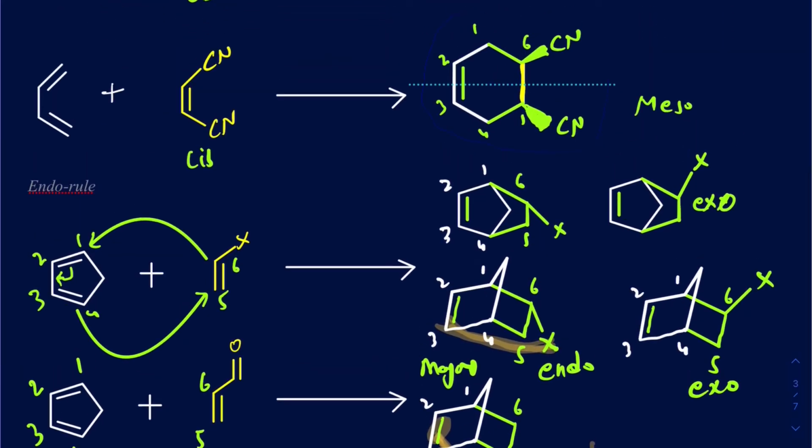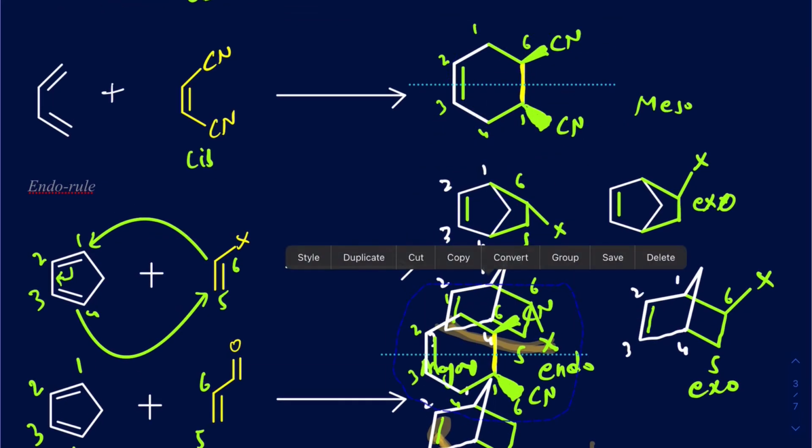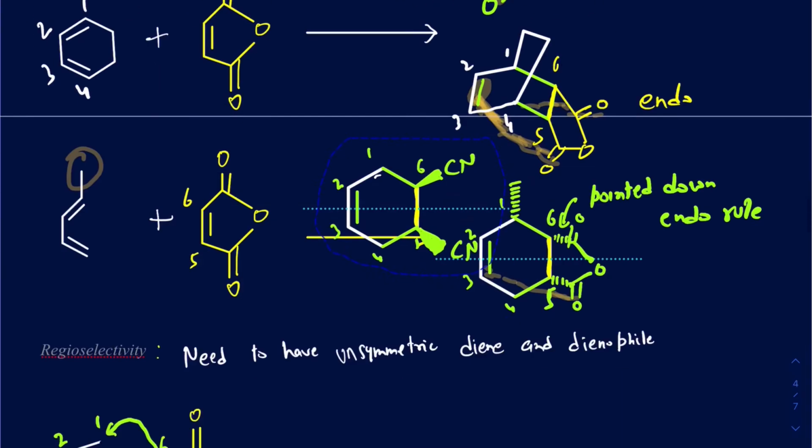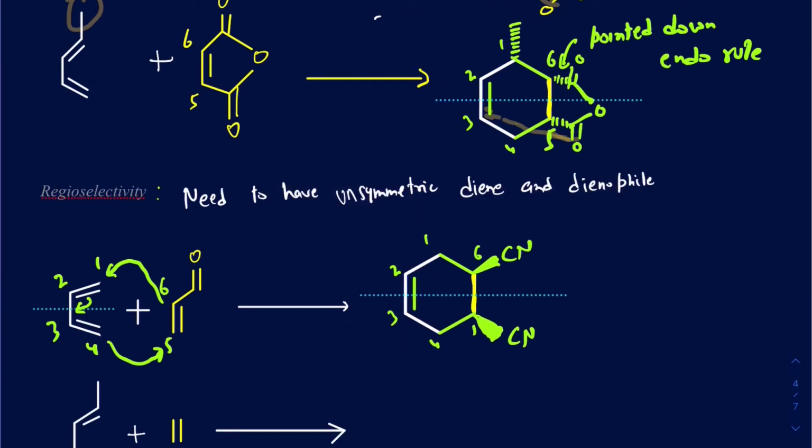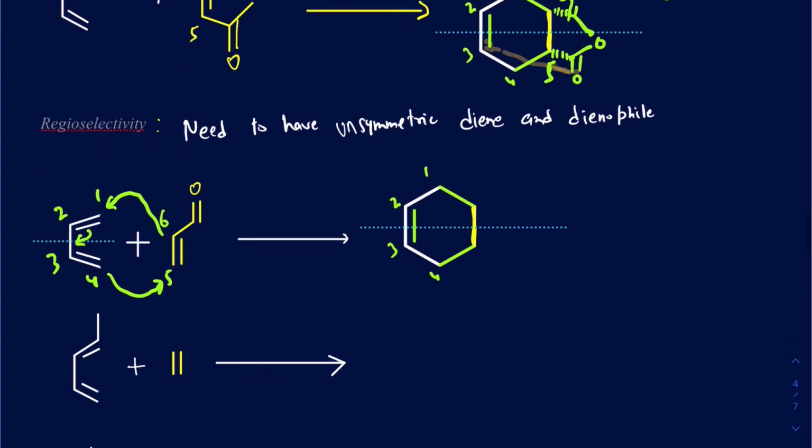I'm just going to copy this down for the sake of time. I'll bring this down here. So if I have this 1, 2, 3, 4, suppose this is going to be your 5 and this is going to be your 6. So 6 is going to have this group attached to it.